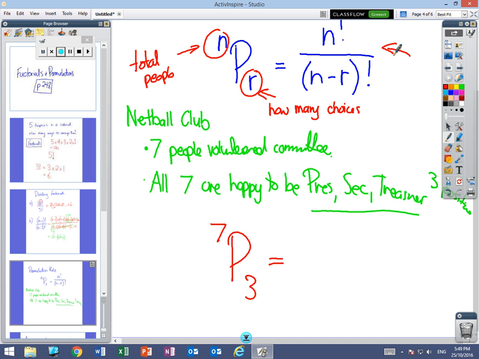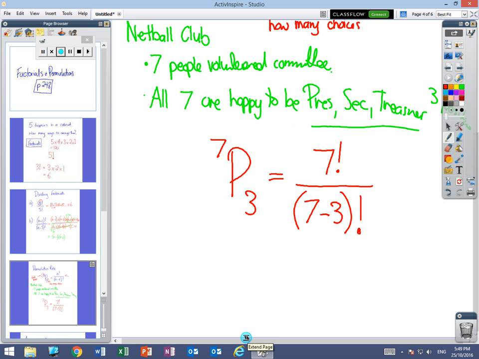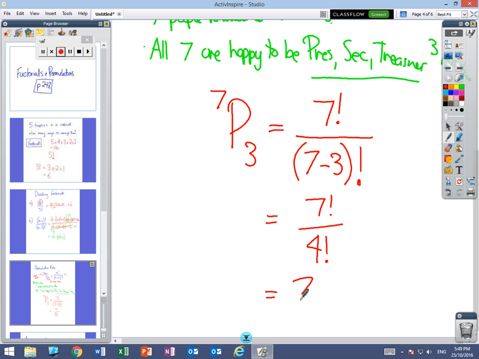Remember that this 7 is n, and looking up here, the way we do this is 7 factorial over n minus r factorial. Which could then be simplified to 7 factorial divided by 4 factorial, which tells us that we can do 7 times 6 times 5.